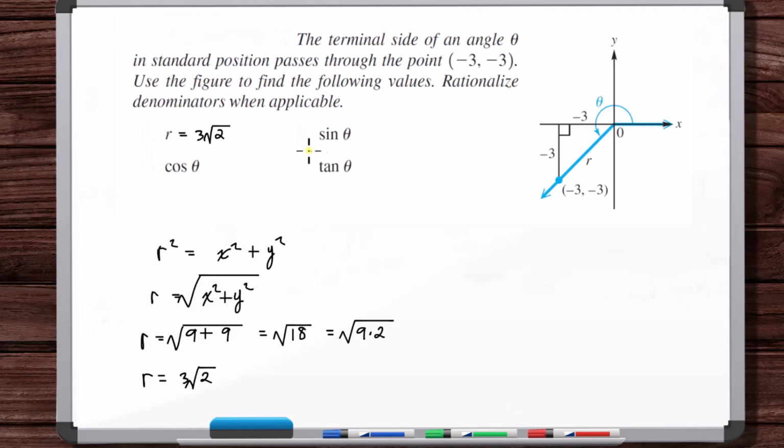Okay, what is sine theta? You have to be really careful here. Every time you do this with the general definition, you create a right triangle, for any quadrant. You create a right triangle that has the perpendicular side with the horizontal.